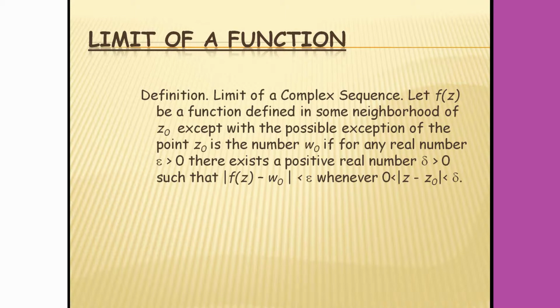The number w naught is called the limit of that function when modulus of f of z minus w naught is less than epsilon, whenever modulus of z minus z naught is less than delta, where epsilon and delta are small positive quantities.